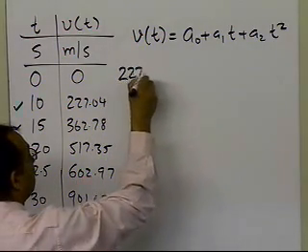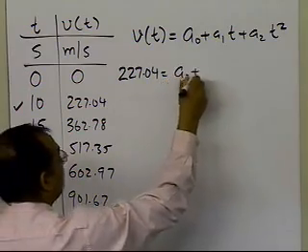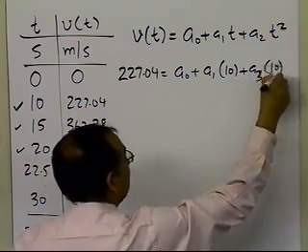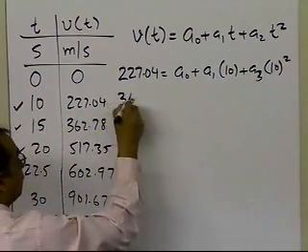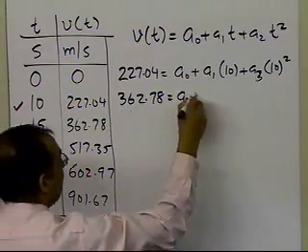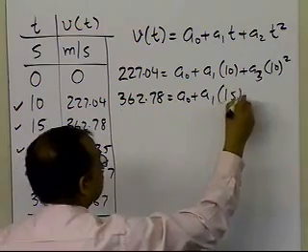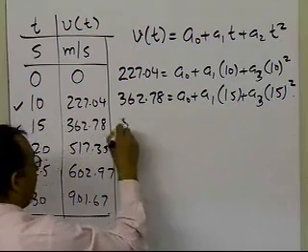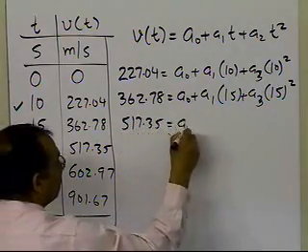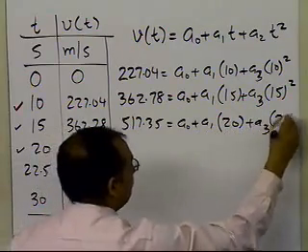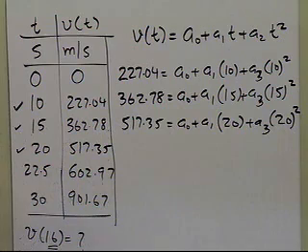So I'll have 227.04 as the value of the velocity at 10, 362.78 as the value of the velocity at 15, and 517.35 as the value of the velocity at 20.